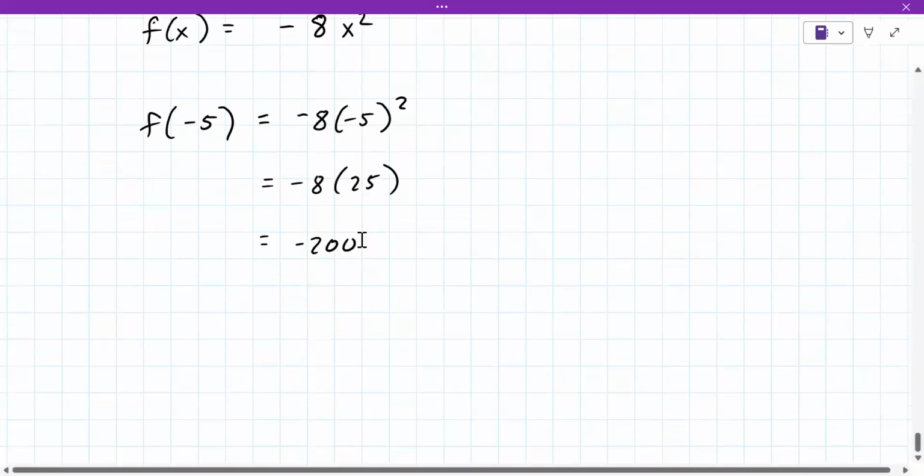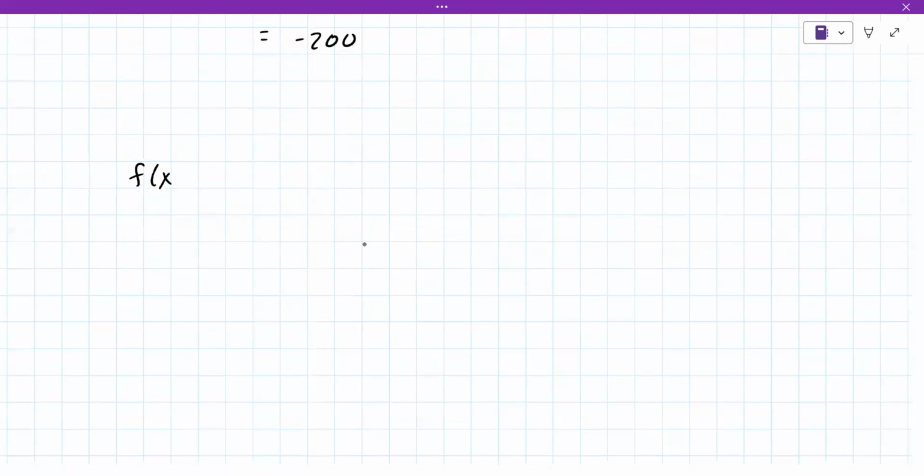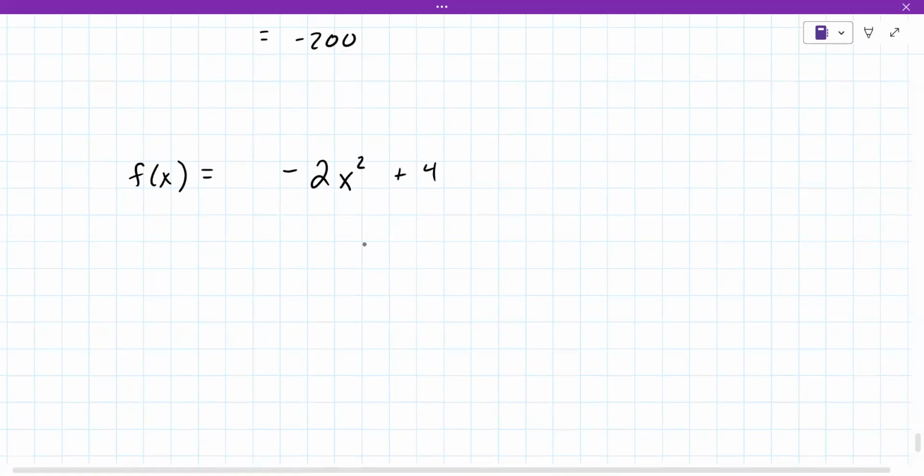Very good. Let's try another one here. Let's say f of x equals minus 2x squared plus 4. Could you find f of negative 3 for me, please?